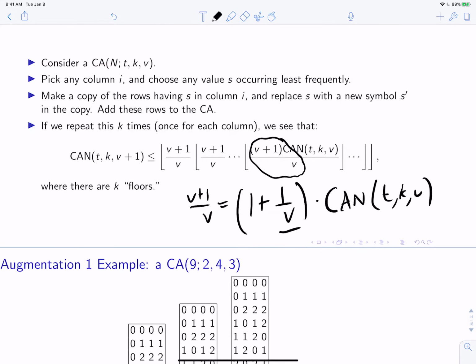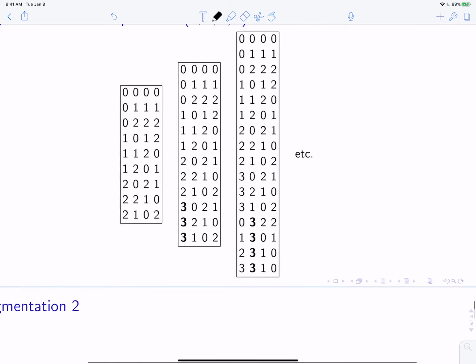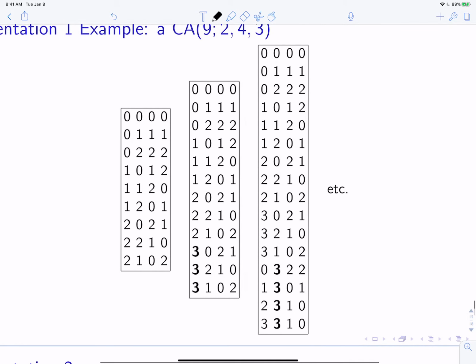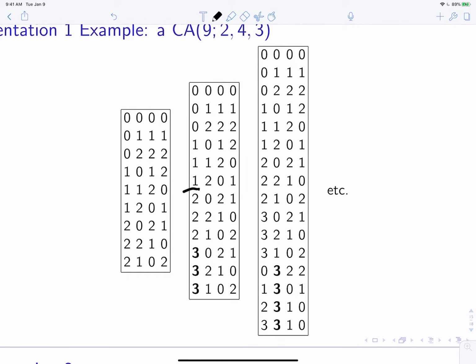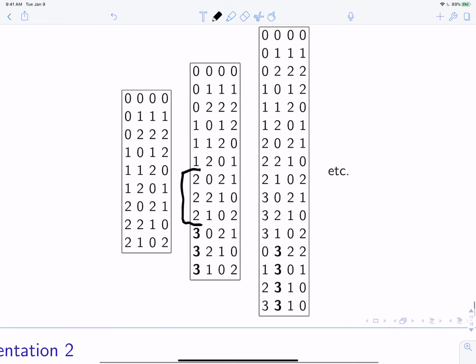So you just work with that one column at a time, and I have an example here. If you look at these 3 rows right here, the ones with 2's in them, you copy the other columns' entries and just change the 2's in the first column to a 3.